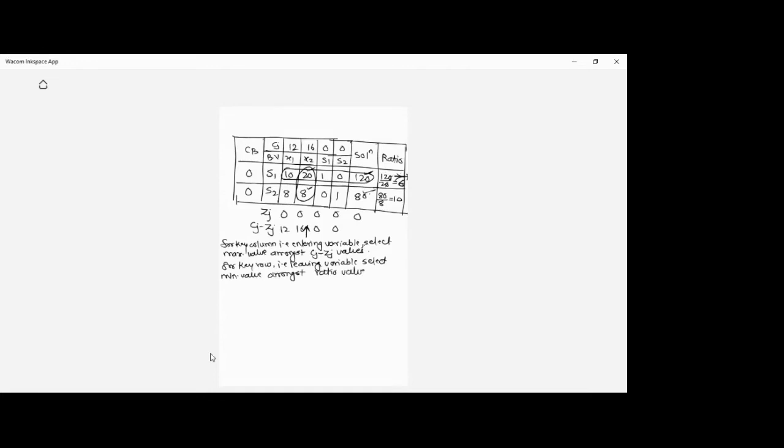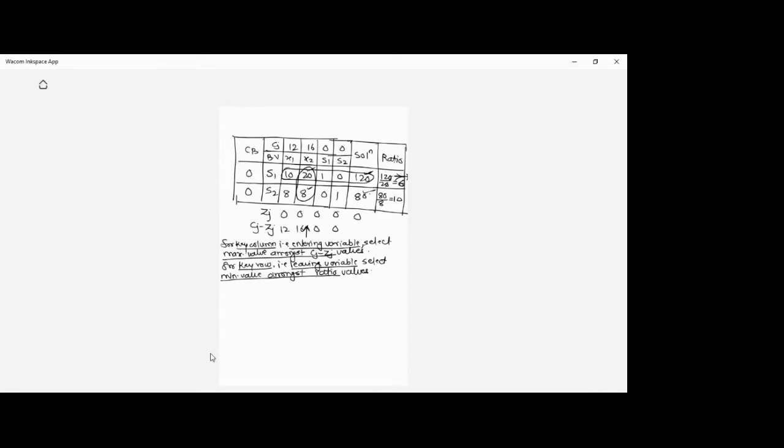So the key column represents the entering variable, with the max value among Cj minus Zj values. The key row represents the leaving variable, with the minimum value amongst the ratio values. I'm hoping that you have got this. It is very easy to remember.